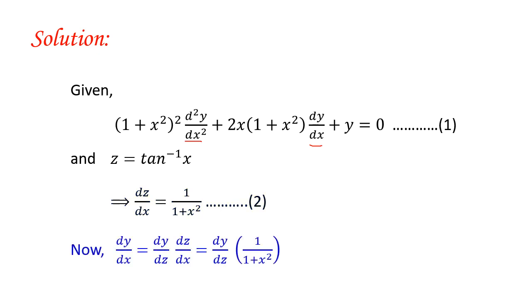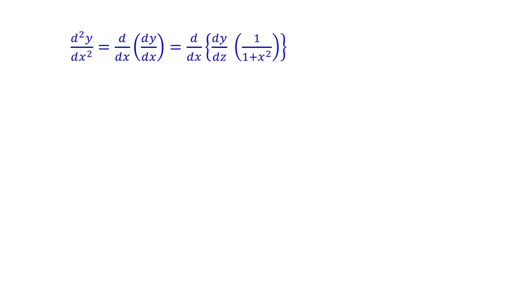Now, dy by dx can be written as dy by dz into dz by dx. That is equal to dy by dz, you write as it is, and the value of dz by dx is 1 over 1 plus x square. Now, d square y by dx square can be written as d by dx of dy by dx.